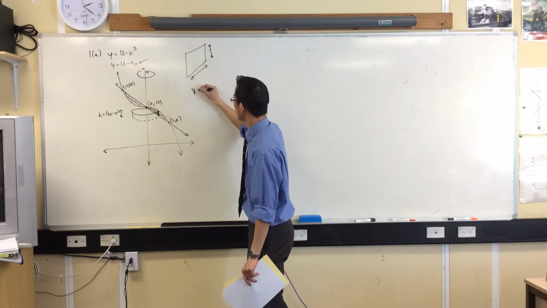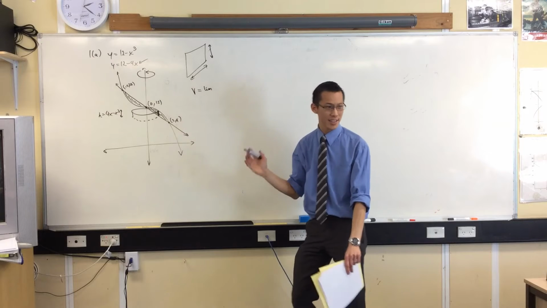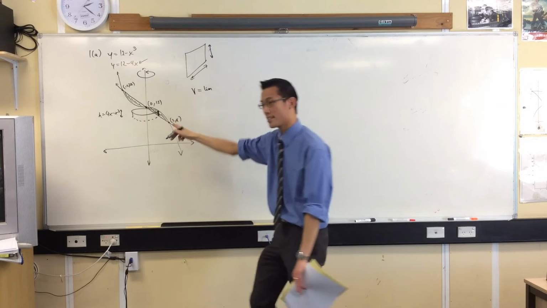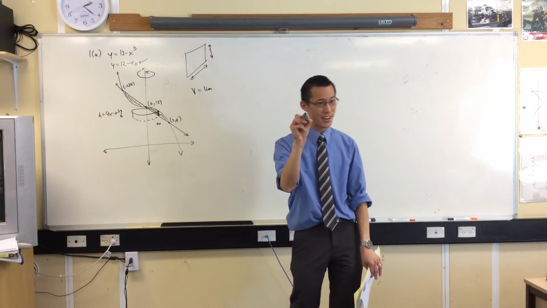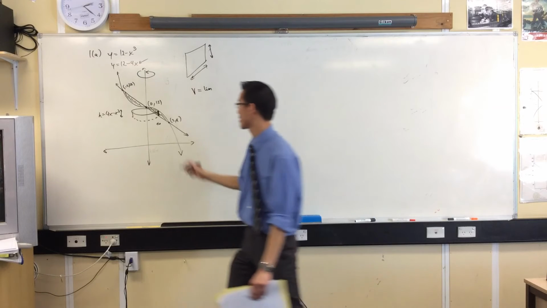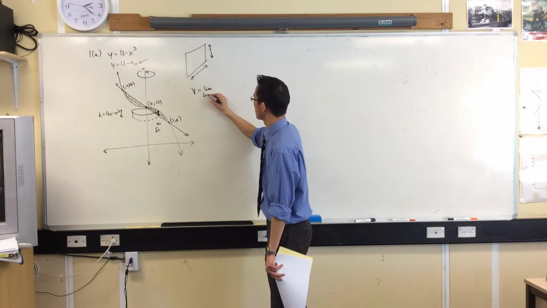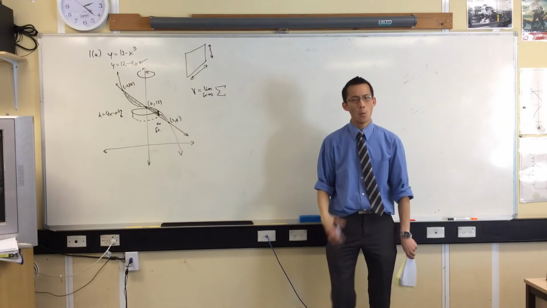The volume is equal to the limit. Which way are my slices? Sorry, my areas. A good diagram helps you out, because I can see that's the width I'm interested in, and I drew it in horizontally, so clearly it's delta x. So I'm going to take the limit as delta x approaches 0 of... Now, where shall I add up?